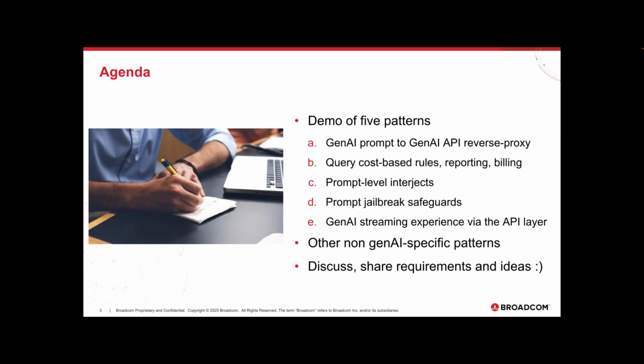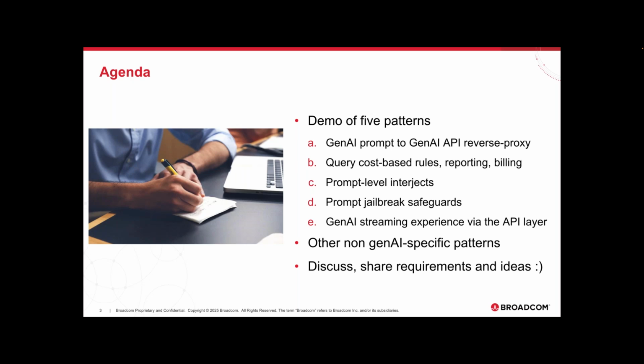So I'm going to demo 5 different patterns using the gateway. The first one is just being in between a Gen AI prompt and a Gen AI API, so being the reverse proxy between those. Very basic pattern. The second pattern is query cost-based rules, reporting, and billing.